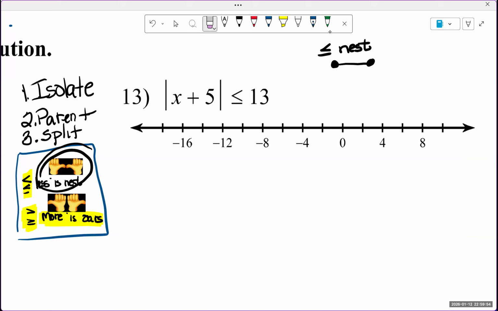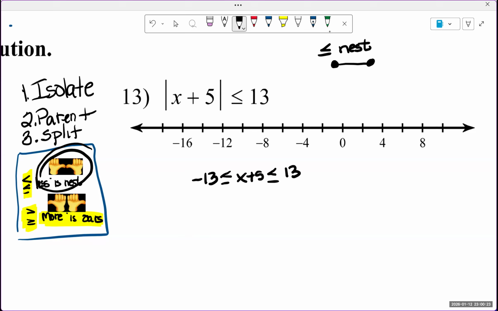So this was a little trickier. The absolute value of x plus 5 is a nest, is in between 13 is going to go here. Can you predict what's going to go there? Negative 13.